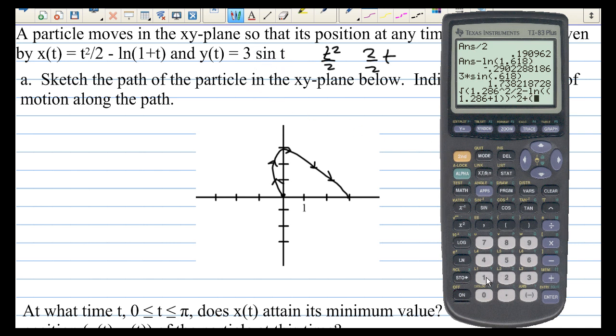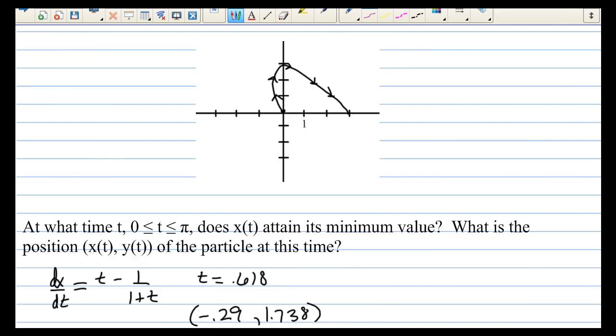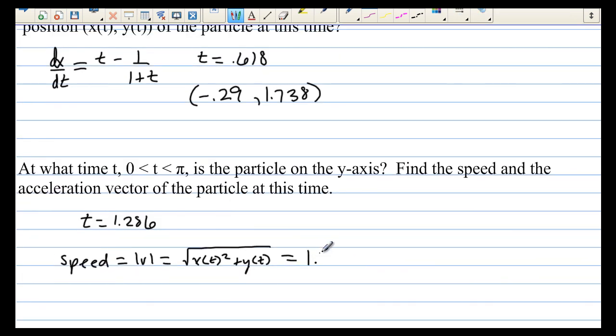So then we have 3 times the sine of 1.286. And the answer is 1.739.